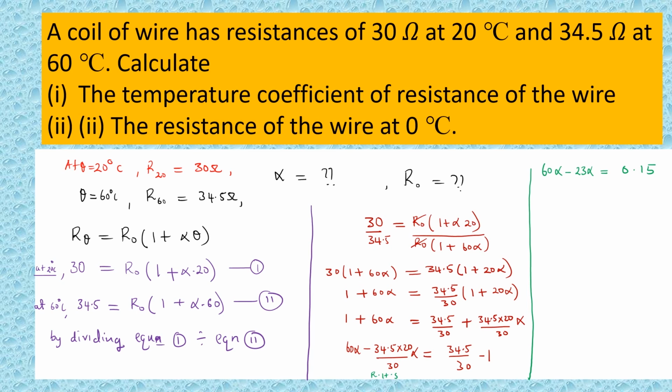Divide through by 37. This becomes 0.15 divided by 37, and this yields 4.05 times 10 to the negative 3, and the units are per degree Celsius.